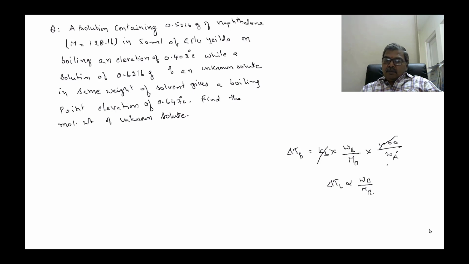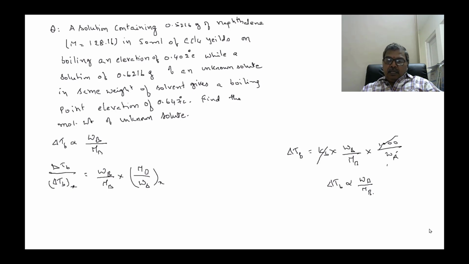So delta Tb of naphthalene by delta Tb of unknown solute, X I am writing, is equal to Wb by Mb into Mb by Wb of X.